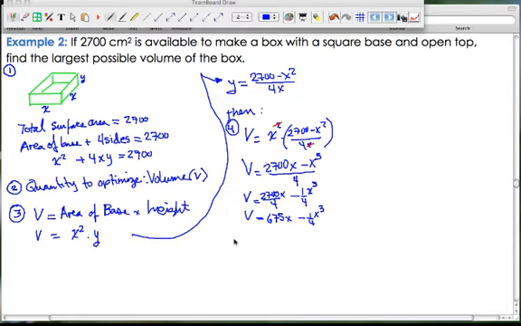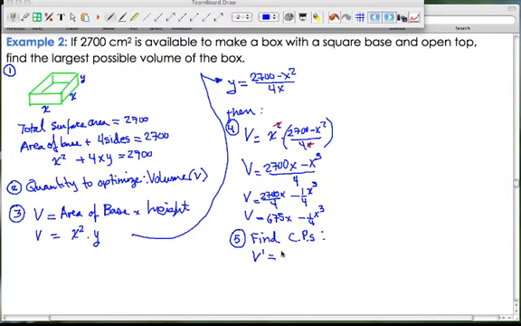The fifth and last step is to maximize or minimize the expression, depending on what they are asking for. In this case, the largest possible volume means maximizing the volume function. To maximize or minimize, we first find our critical points. Remember, it's at those points where our function will have its maximum and minimum value. To find the critical points, we differentiate our expression.